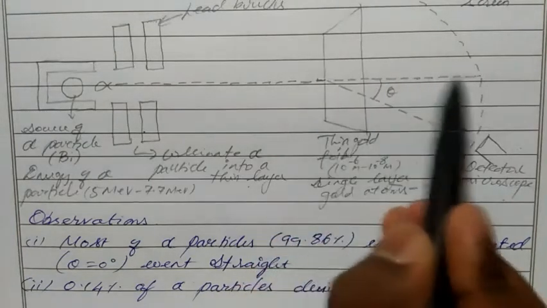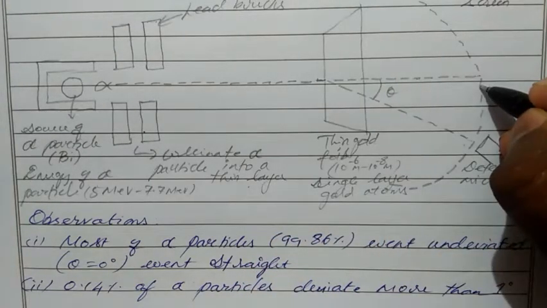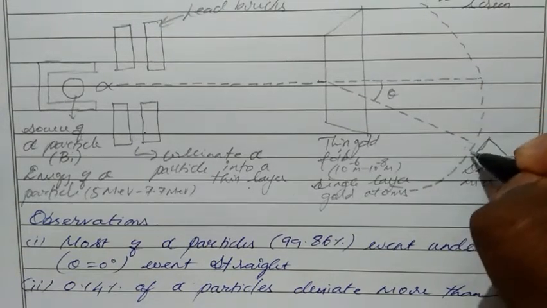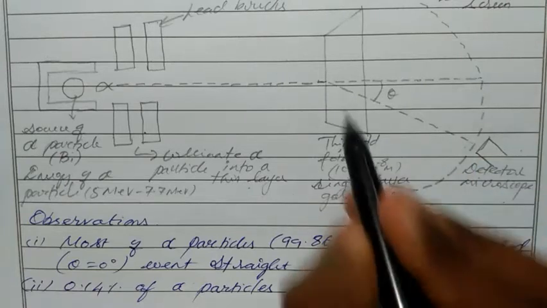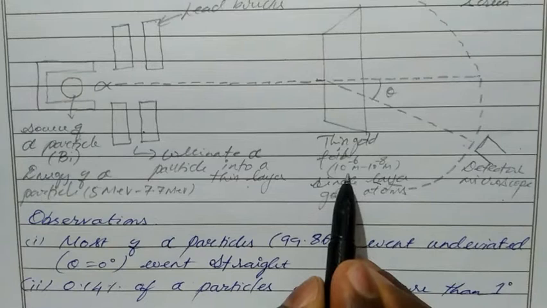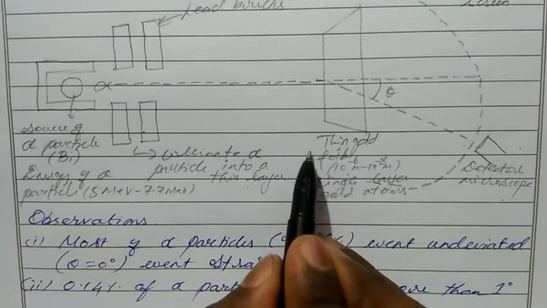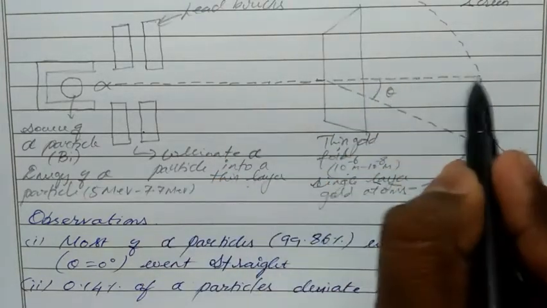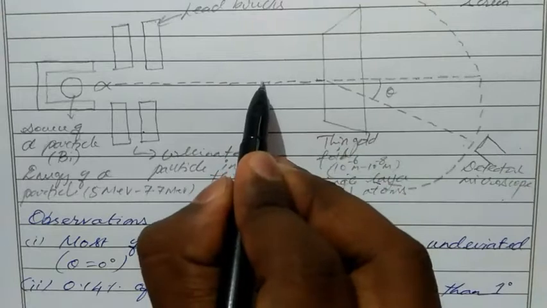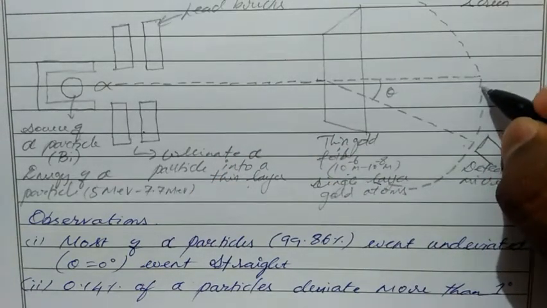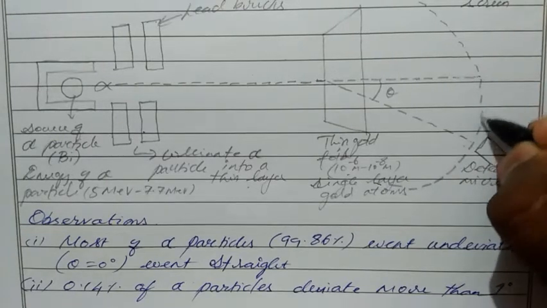So this is the 0 degree straight line, this is 1 degree, and this is more than 1 degree, then 2, 3, 4 like that. It will go on to 45, 60, 75. Then the straight line will be 90. Then the angle will increase again: 100, 150, 160, 170. Then this angle will be 180. So this is 0, parallel, and this is 180 degrees, anti-parallel. So 0.14% will deflect more than 1 degree, maybe somewhere here.